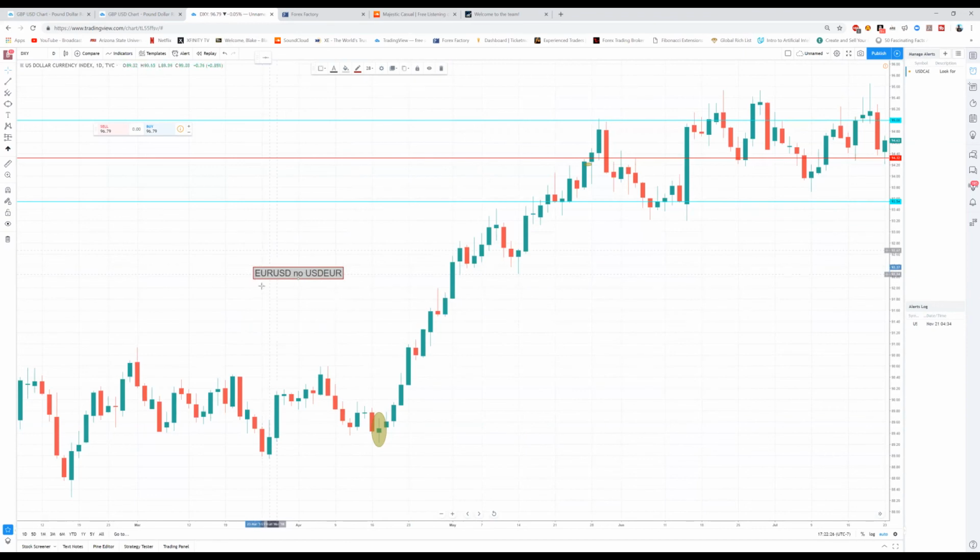So for the euro versus the dollar, when the DXY goes up from here to here, the euro, almost for sure, should have gone down, because the US dollar strengthened. We see a significant strength boost of a whole 4.12% over 22 days.